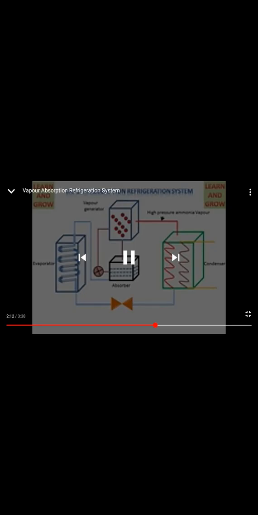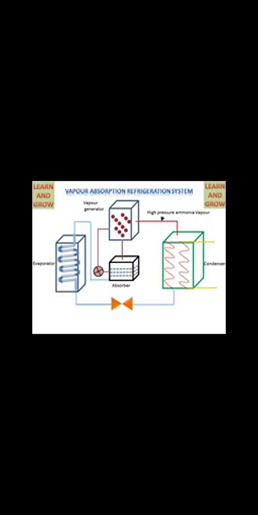High pressure ammonia vapor will reach the condenser, and in the condenser they will lose their latent heat and convert into liquid ammonia. This liquid ammonia will reach the expansion valve where reduction in pressure and temperature will take place, and this liquid ammonia plus vapor will go to the evaporator.